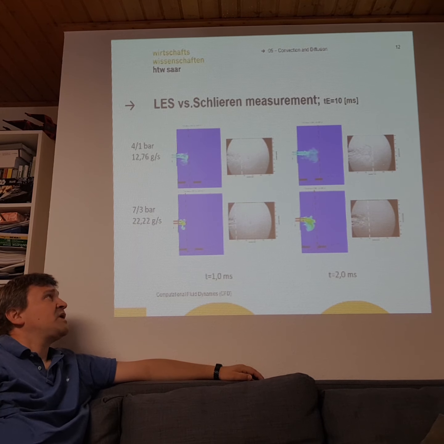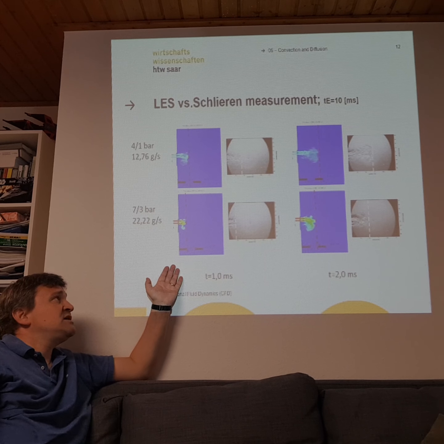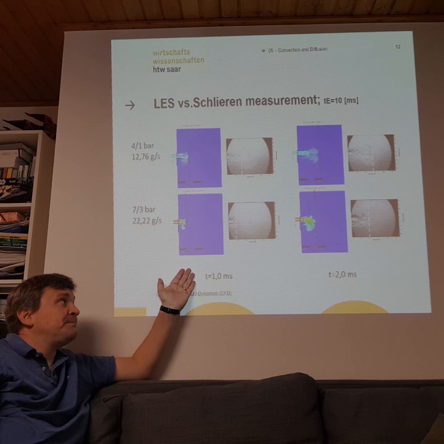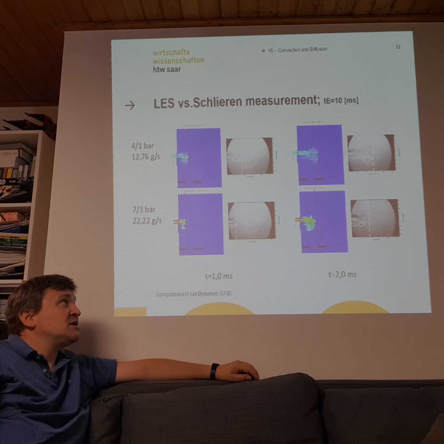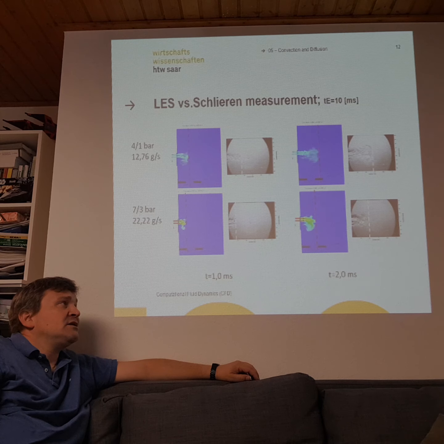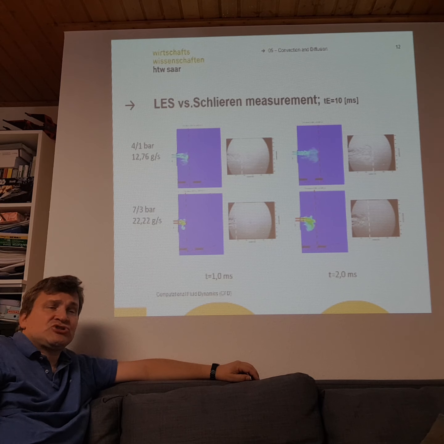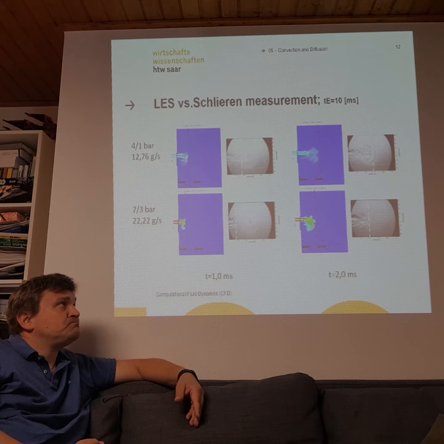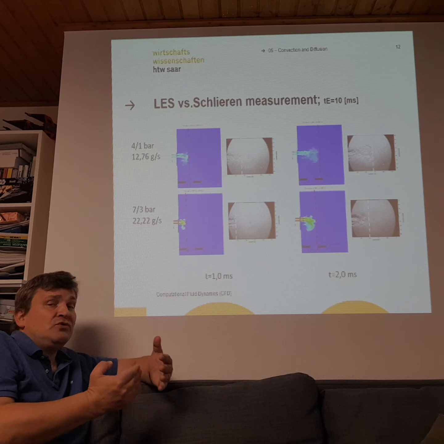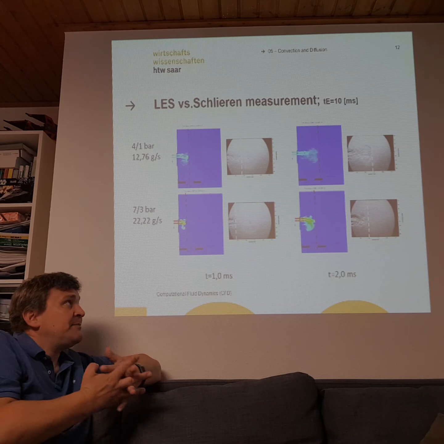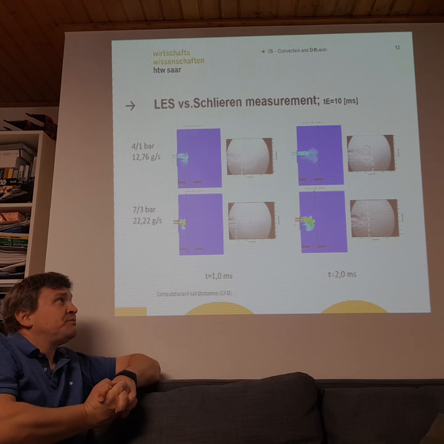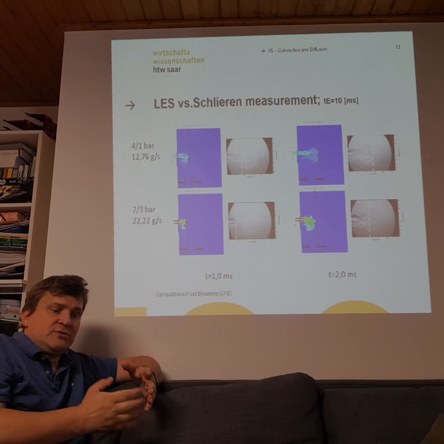So, in addition to the CFD simulations of the nitrogen jet, I did some experiments in our Schlieren chamber, and it was also the injection of nitrogen into the chamber, and we made movies with our Schlieren camera, and so we were able to visualize the jets really well.